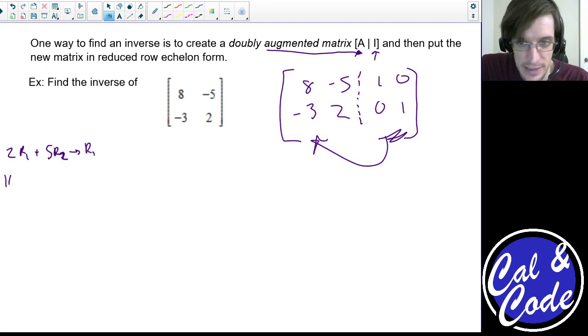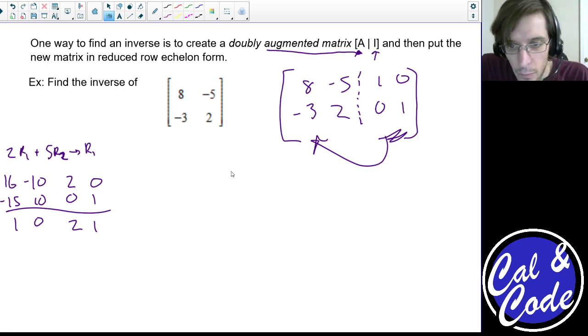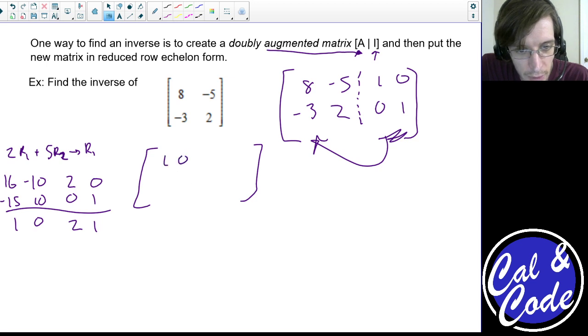So let's see, that is 16, -10, 2, 0, and 5 of these is -15, 10, 0, 1. When I add that, I get 1, 0, 2, 1.